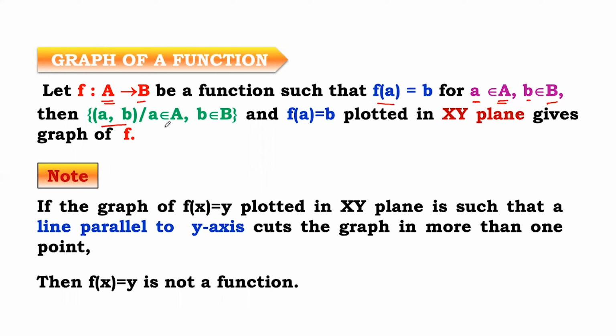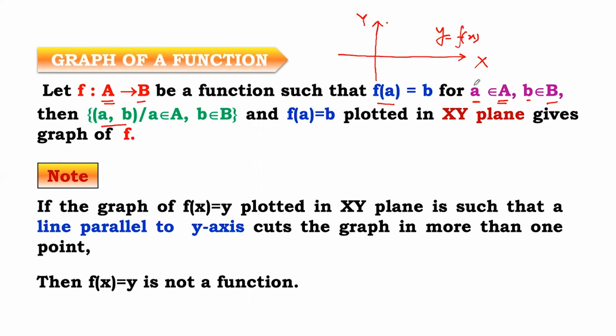And then (a, b) is such that a belongs to A and b belongs to B, the usual notation, right? But if we are going to plot the graph, right, y = f(x). So this is the x-axis and this is the y-axis, right? And the function we are taking is y = f(x), right?